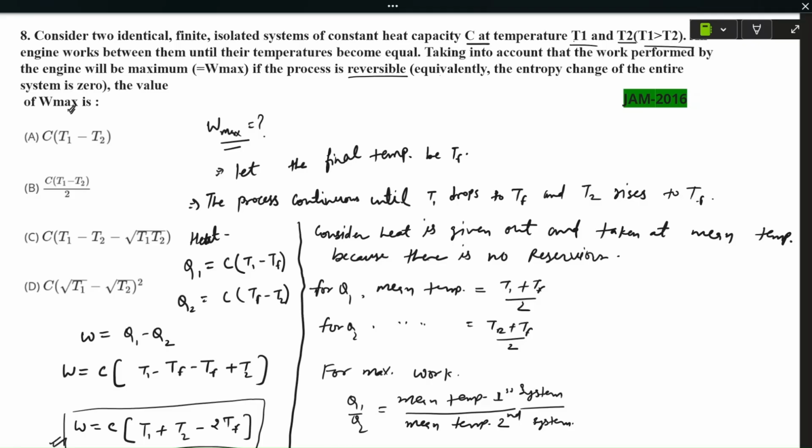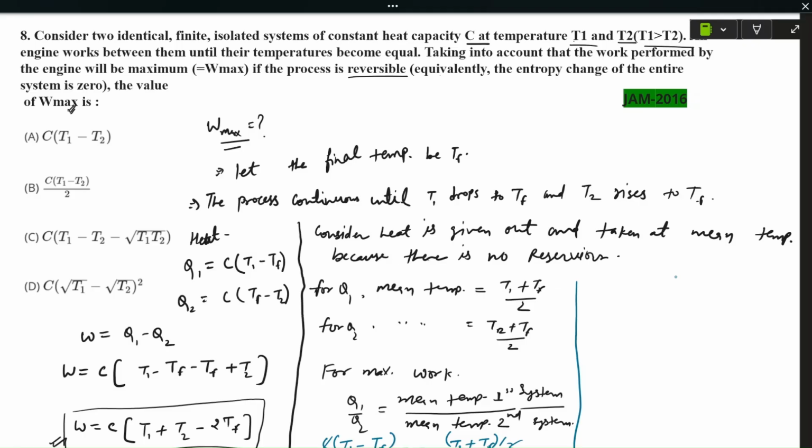So now this will look like (T1 minus T final) upon (T final minus T2) equals (T1 plus T final) upon 2 and (T2 plus T final) upon 2. The 2 cancels out, C cancels out.